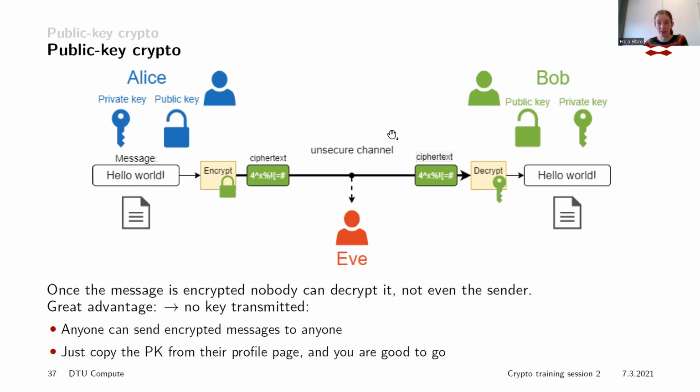The analogy is padlocks, because anyone can take a box and close it with a padlock. Only if you have the key that matches the padlock can you open it again. And the great advantage is that you don't need to transmit any keys. So even if you never met someone before, you can communicate securely if you encrypt using their public key.